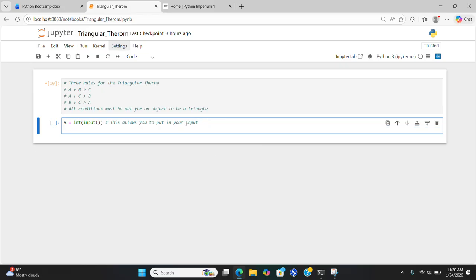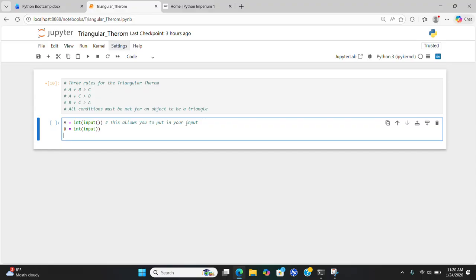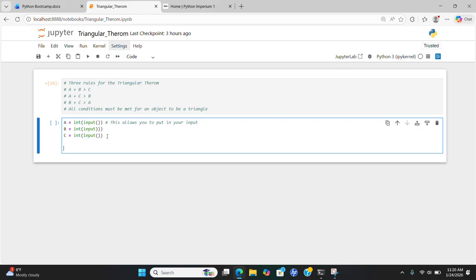Since there's three sides, you have to do an input for B and C. It's exactly the same, but with a different variable. So now that we have A, B, and C, let's use the if statements.